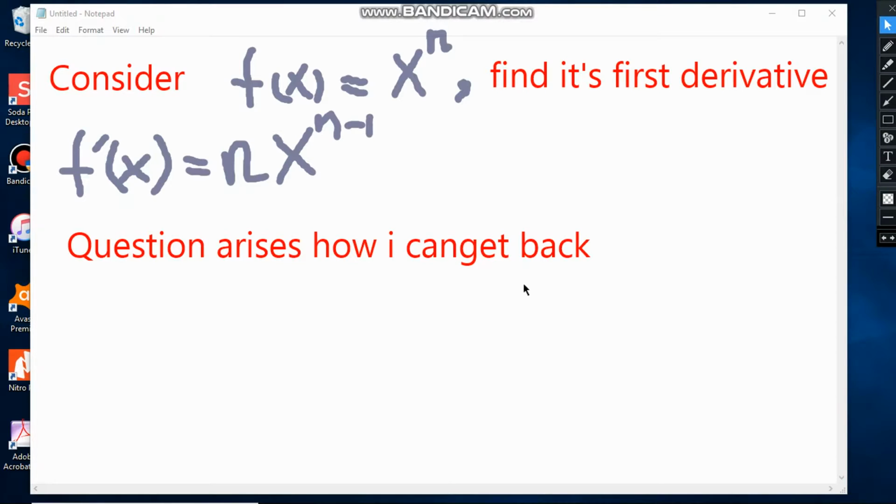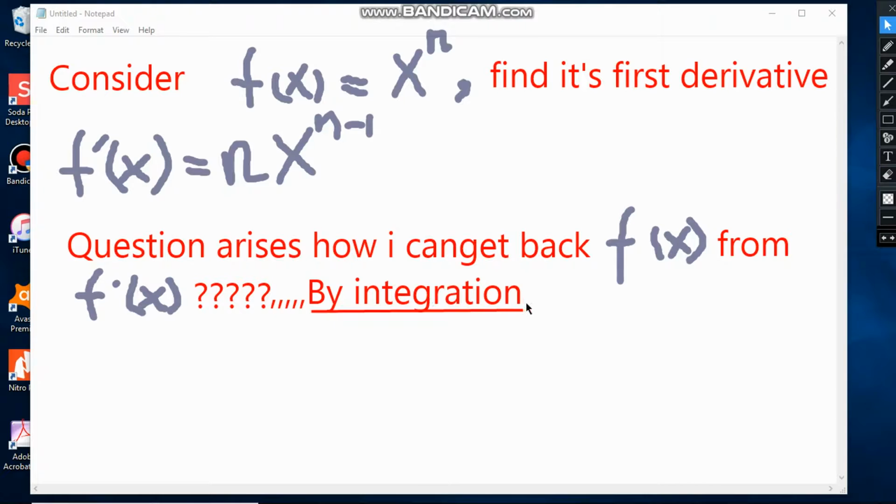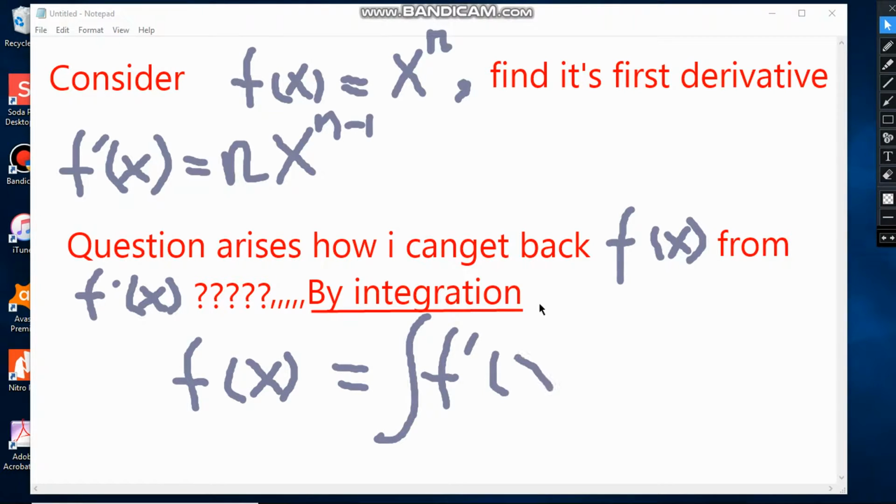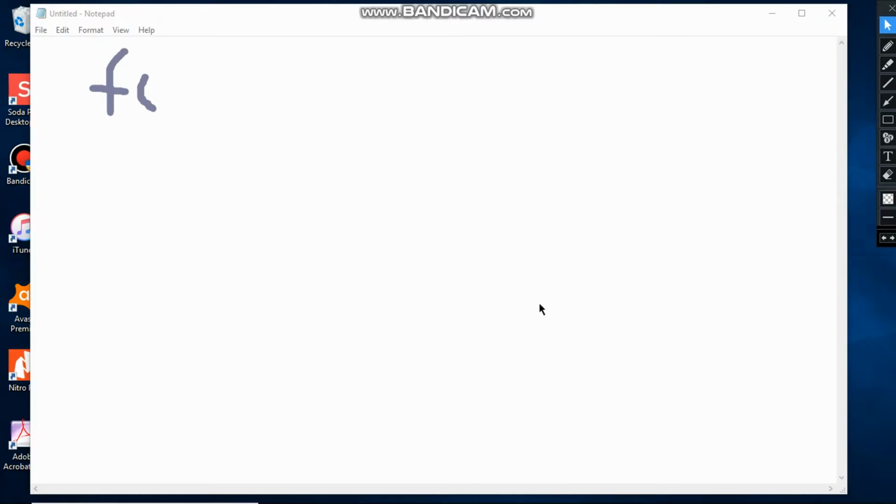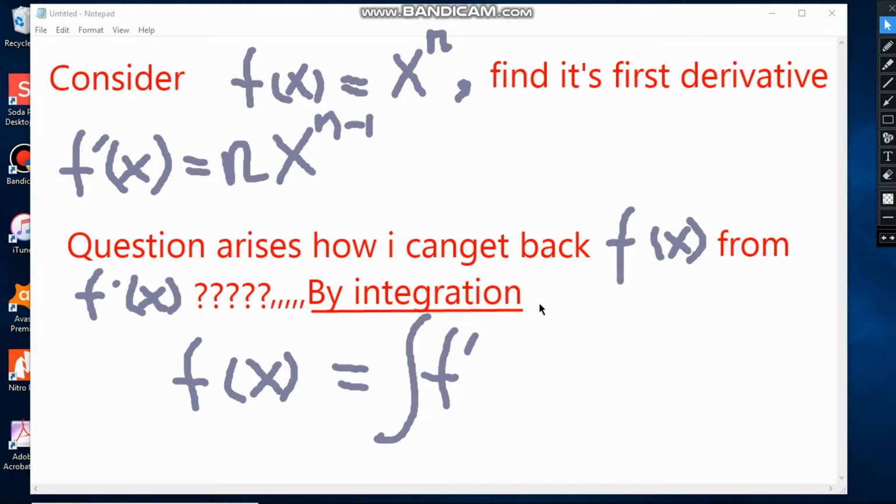The question arises: how can I get back the original function f of x from the derivative? The answer is by integration, and it is denoted as the following: to get f of x is equal to the integral of f dash of x dx.